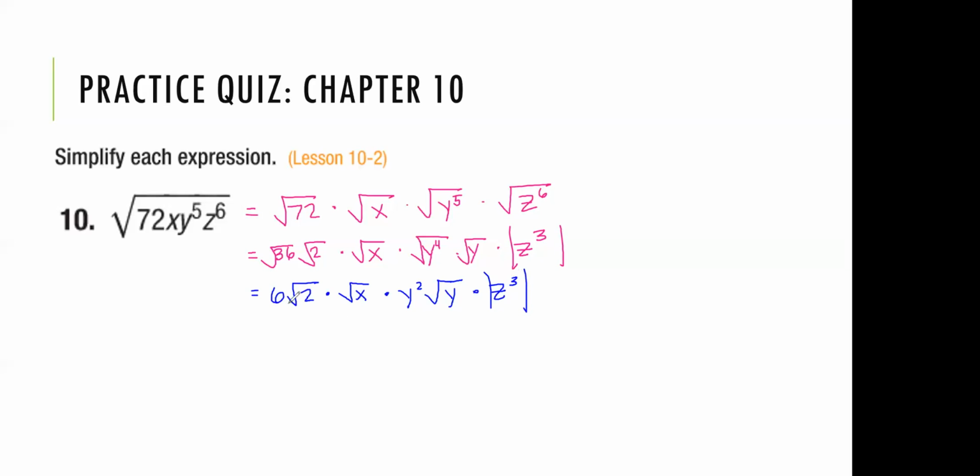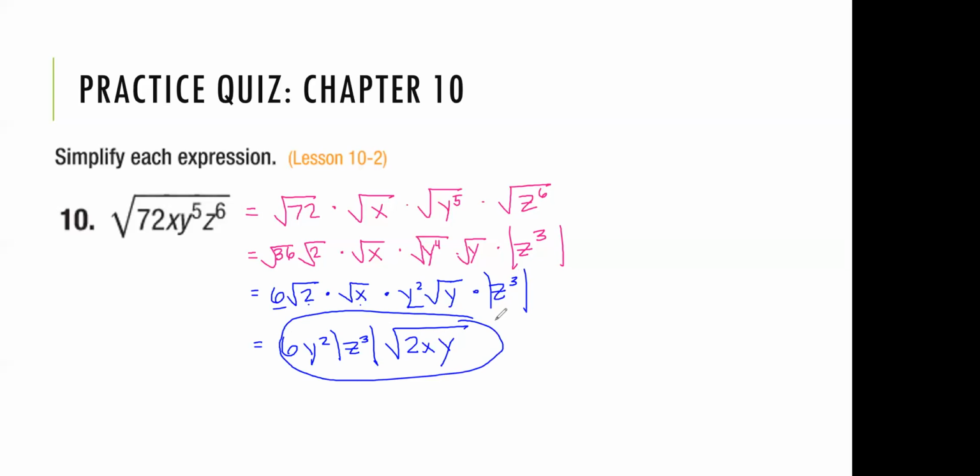So I would rewrite this: I multiply all my coefficients, so this would be 6 times y squared times the absolute value of z cubed. Underneath the radical symbol, I still have 2, x, and y. That would be my final simplified answer, because the only perfect square factor they have is 1.